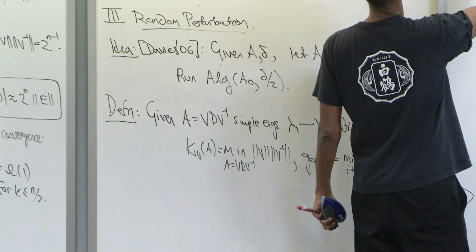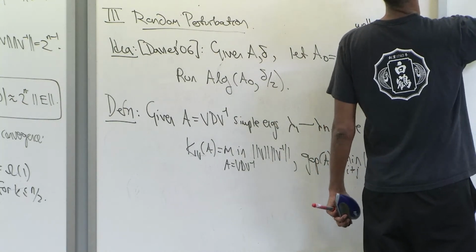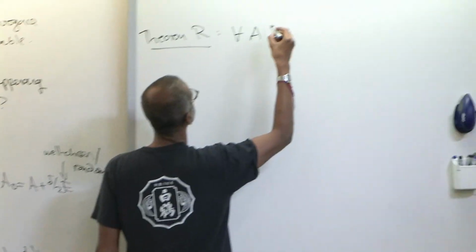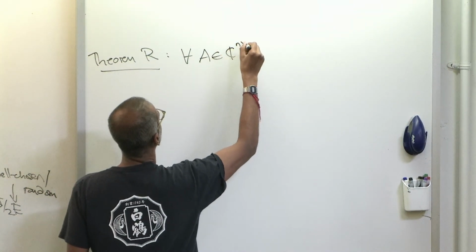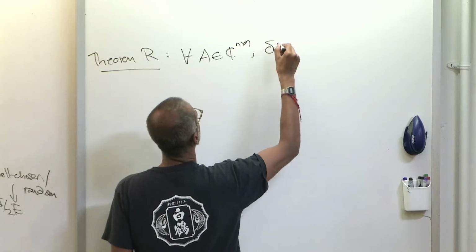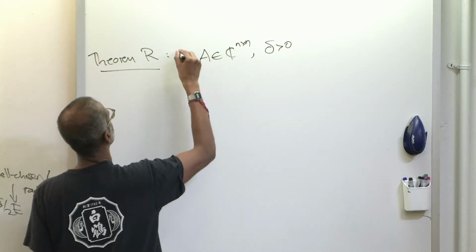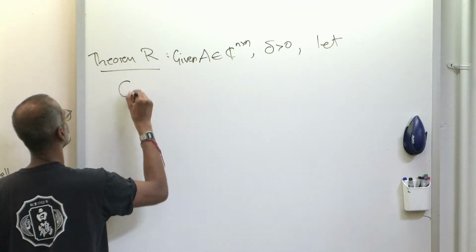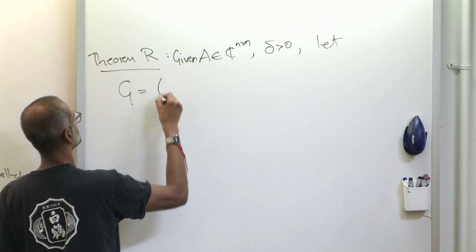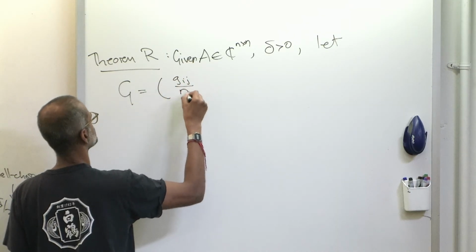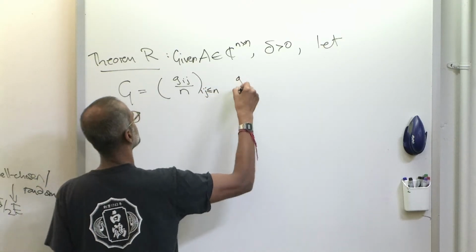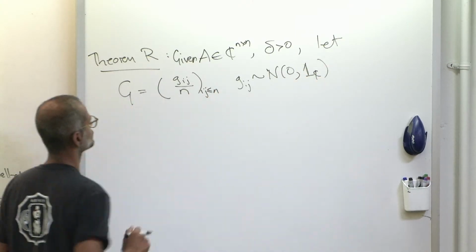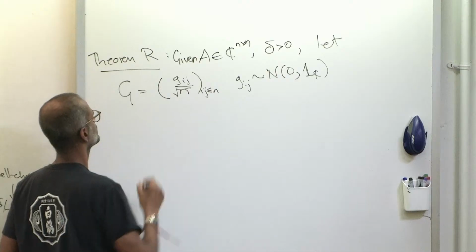So now there's this theorem, which I'll call theorem R for regularization. What it says is, given any matrix A and delta, let G be a matrix of IID complex Gaussians normalized by root n.